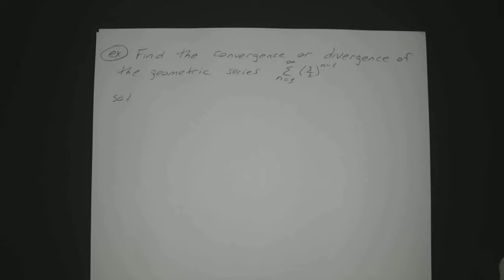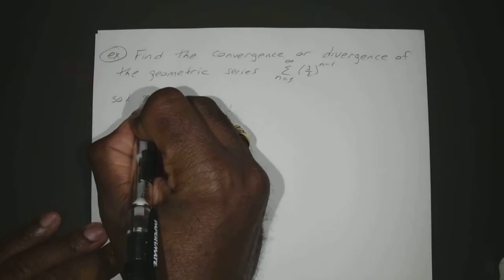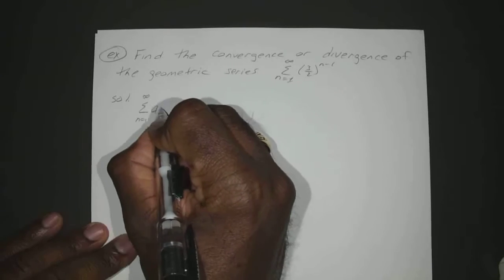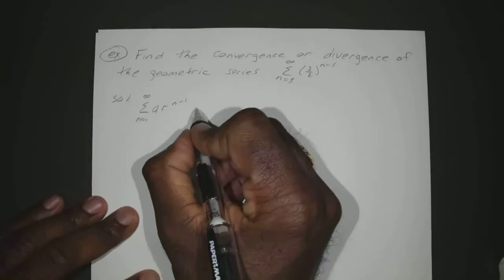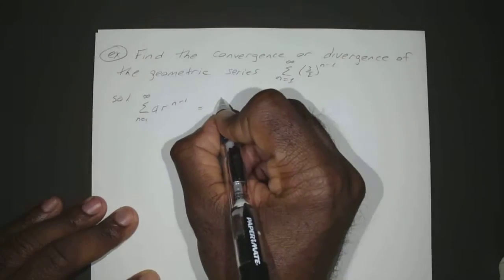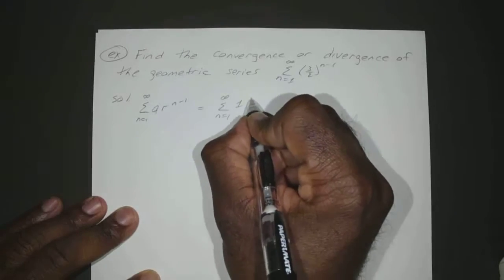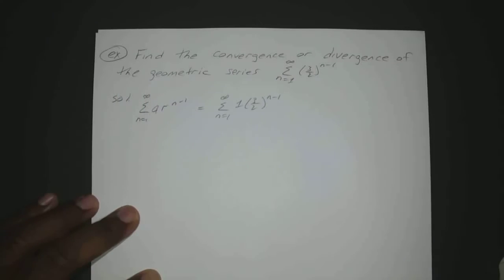Okay, so if we wanted to put this into sum from n equals 1 to infinity of a times r to the n minus 1 power, we can just make it the sum from n equals 1 to infinity of 1 times 3 over 2 to the n minus 1 power.